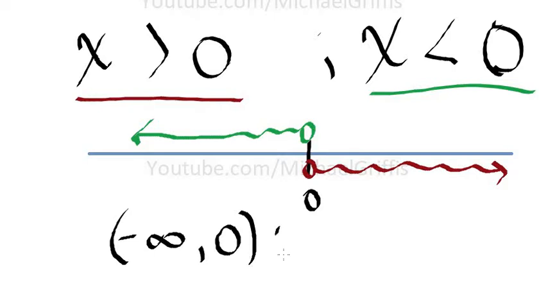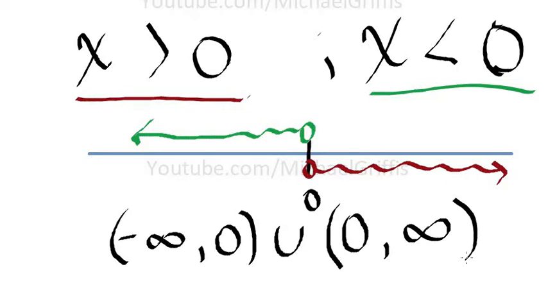But we're going to union that, with this little U looking thing, the union symbol, with this side here, and that is we don't include 0, but we go out to infinity. See that? That's written in interval notation.